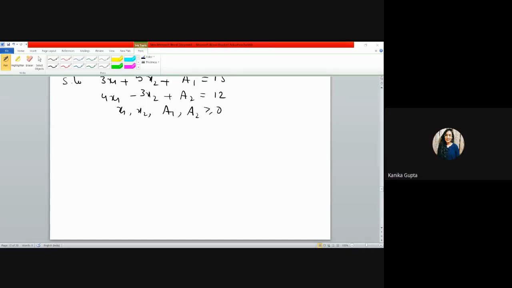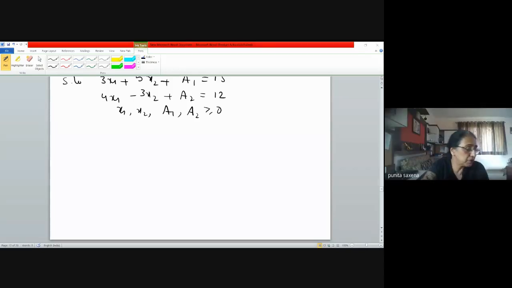Oh, sorry, ma'am. We look for the highest negative for entering and the smallest positive for leaving. So A2 leaves. So we'll do R1 will be R1 by 4. The transformation R2 will be R2 by 4. And then R1 will be R1 minus 3 R2 with the new R2. That's right. That's perfectly right.